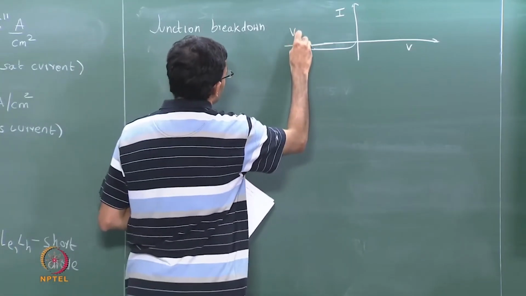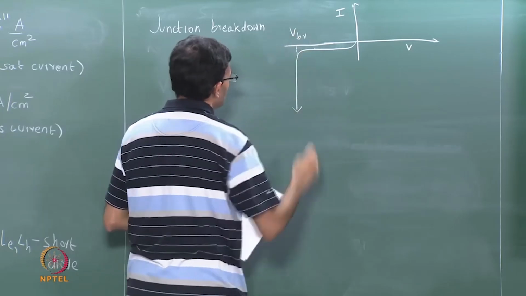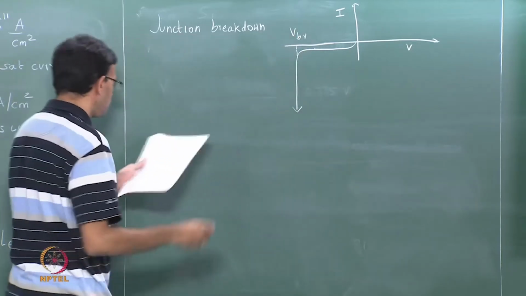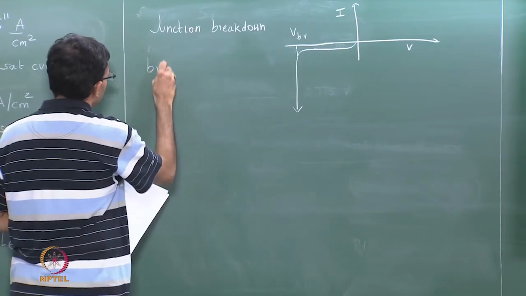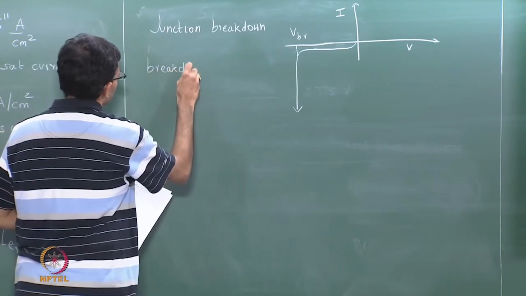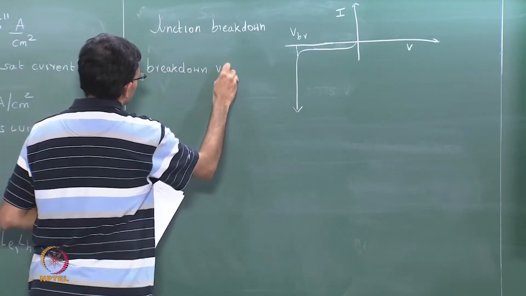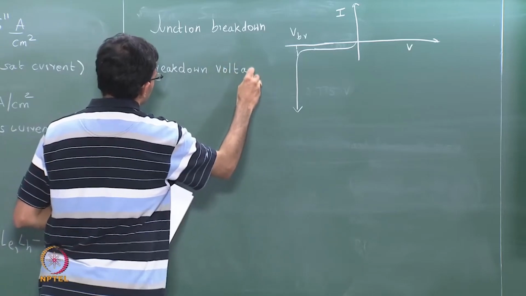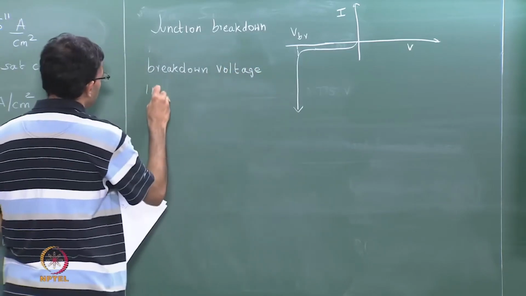So, this voltage where this happens is called your breakdown voltage. This happens in reverse bias.